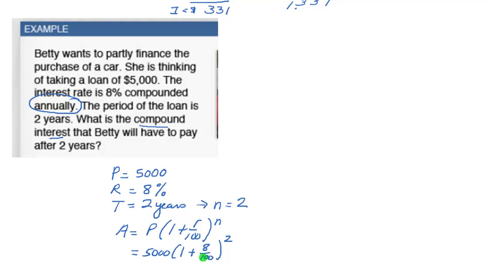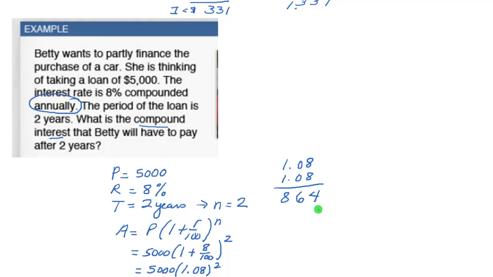And then 8 over 100, because if we're going to square, you may prefer a decimal. This is 1.08, right? 8 over 100 is 0.08. Then we're going to square that, so we're going to do that next, because exponents go before multiplication.